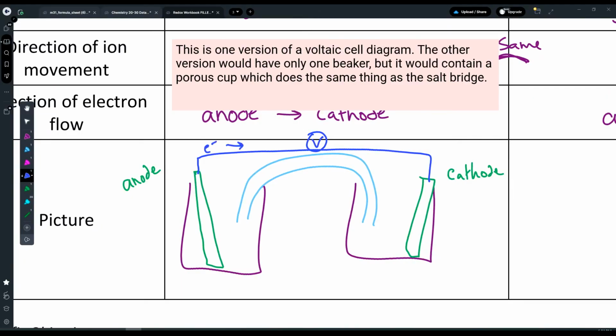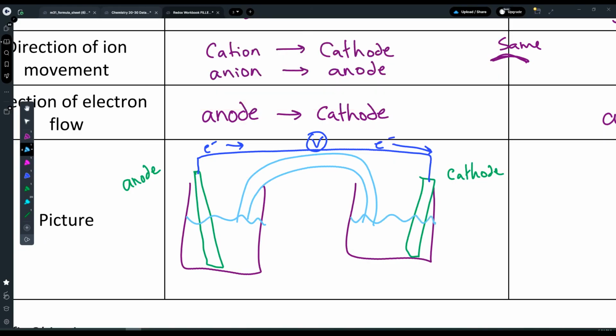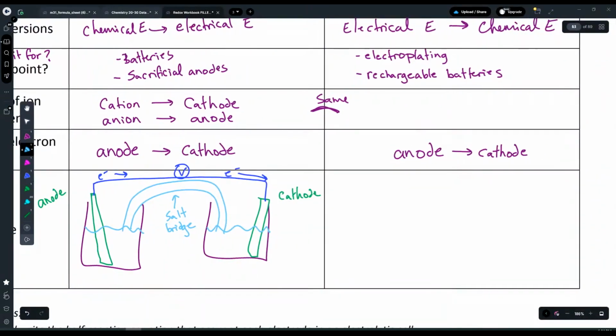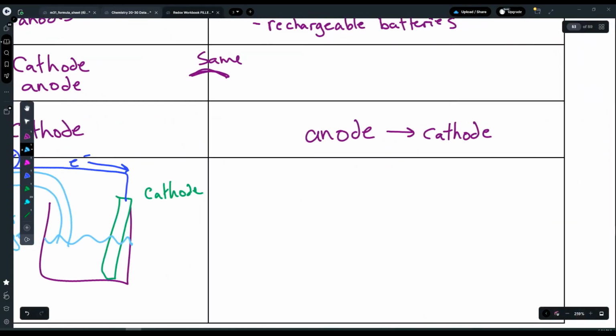And the electrons go from the anode to the cathode. So here we have both of our solutions in each of these beakers. That's the salt bridge. There we go.